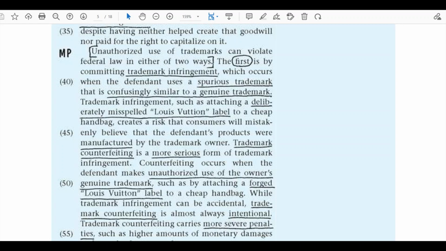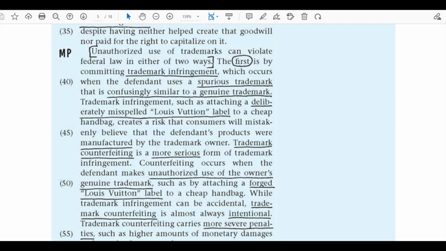The following main point from the new paragraph is that unauthorized use of trademarks can violate federal law in either of two ways. The first is by committing trademark infringement, which occurs when the defendant uses a spurious trademark that is confusingly similar to a genuine trademark.